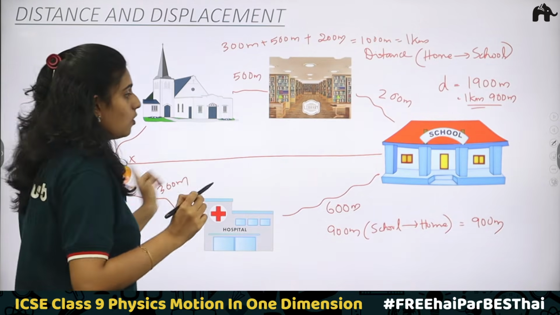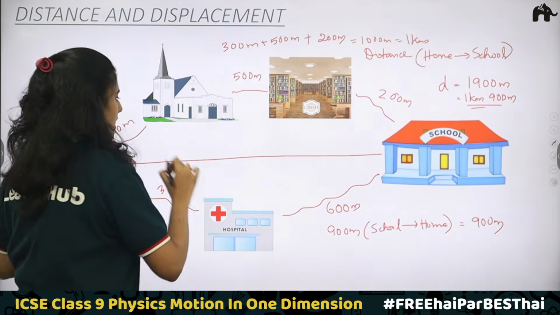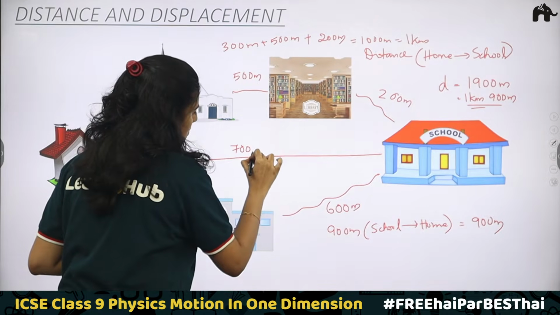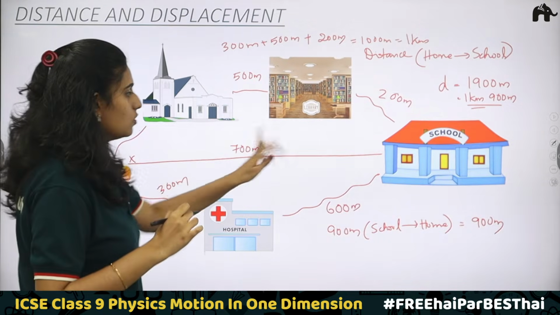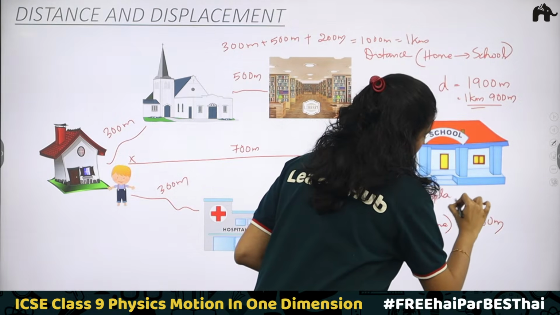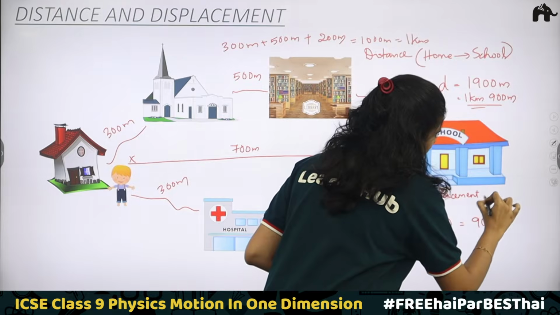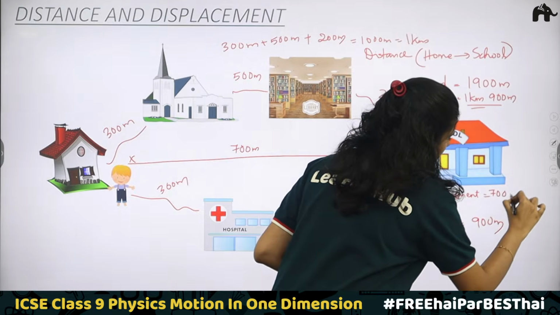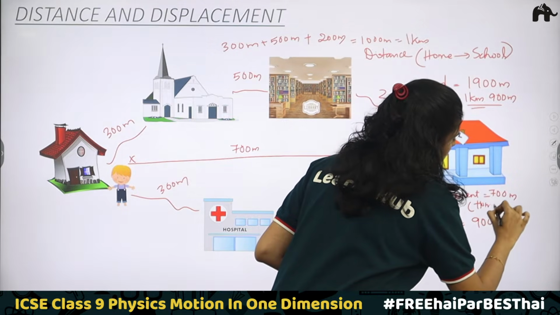Okay, from home to school. Let's say this is 700 meters. Okay, from home to school, displacement is equal to 700 meters when you consider it from home to school.